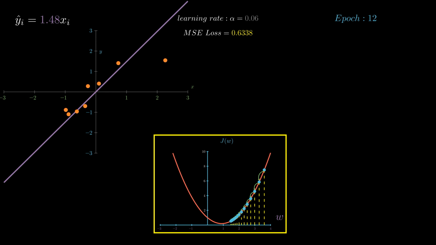Also, let's try and experiment and see what happens when we make the learning rate huge, 0.9. As you can see, this makes the model bounce around, making the learning process unstable.